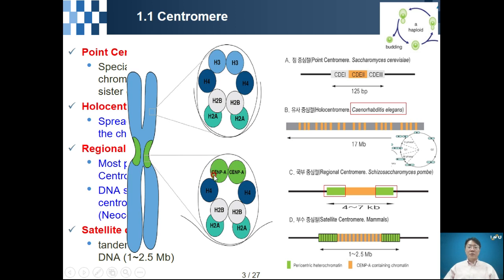They have two CENPA histones and two H4, two H2B, and two H2A histone proteins. So usually the CENPA histone protein binds to this region.